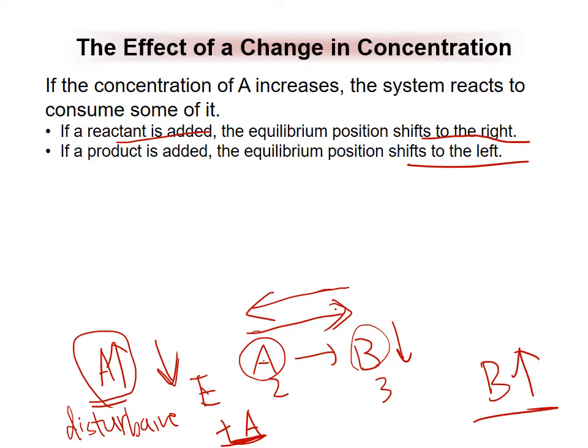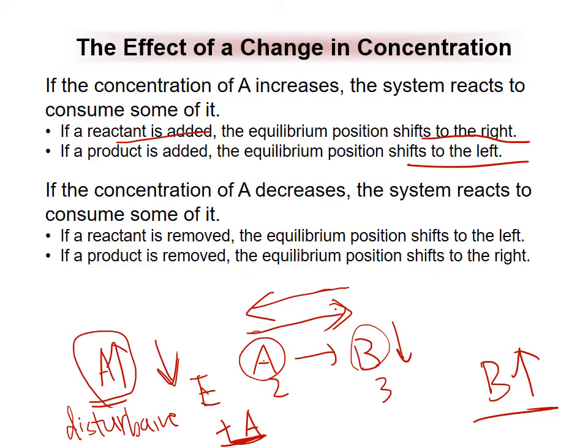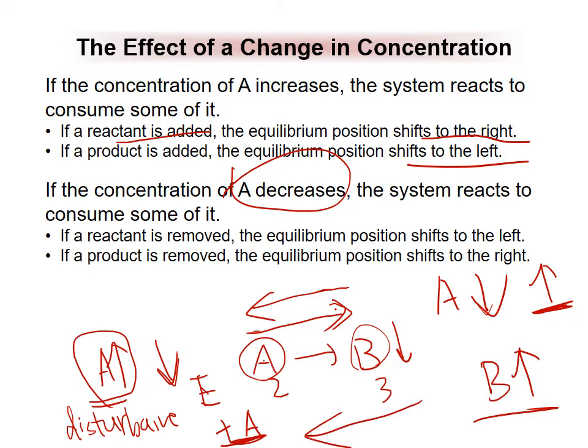On the other hand, if you decrease A, how does the reaction go? A is a reactant. If you decrease A, the reaction will respond by counteracting or reducing the disturbance by increasing A. How does it do that? It will go reverse, to the left side, because the left side will increase A. So if a reactant is removed, the equilibrium position shifts to the left side.